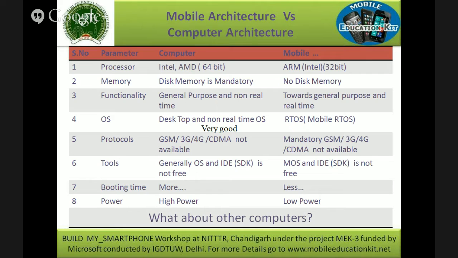Current processors do have 64-bit, but you mentioned here only ARM and Intel. ARM is low power, Intel is basically high speed and high power. In general, ARM processors are not used in desktops. If you want, you can, but normally they are not meant for desktop processors. Disk memory is mandatory in the desktop, general purpose, but mobile is migrating towards being general purpose.